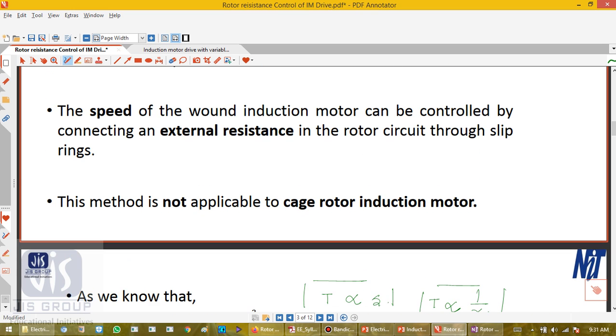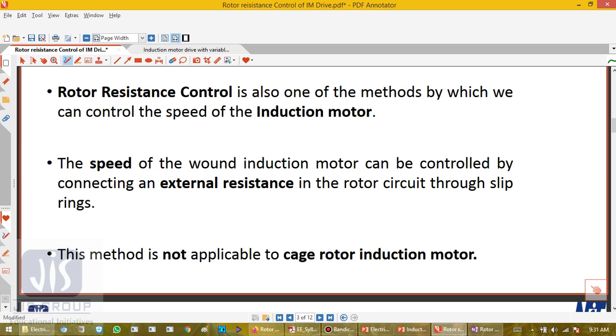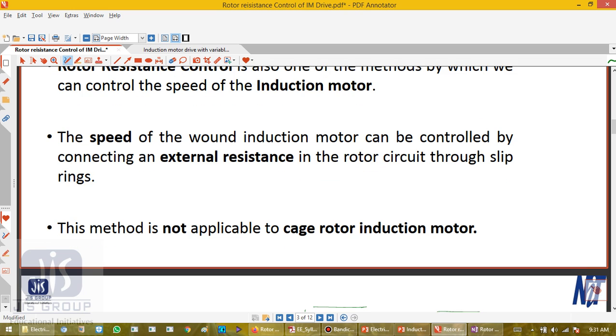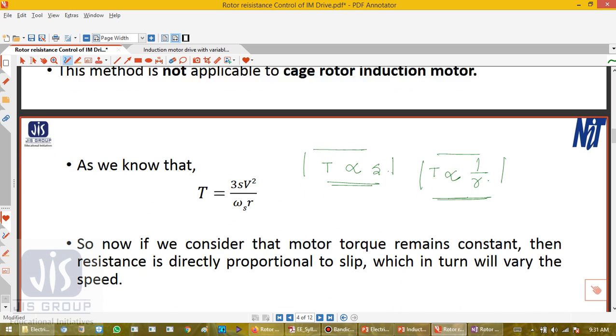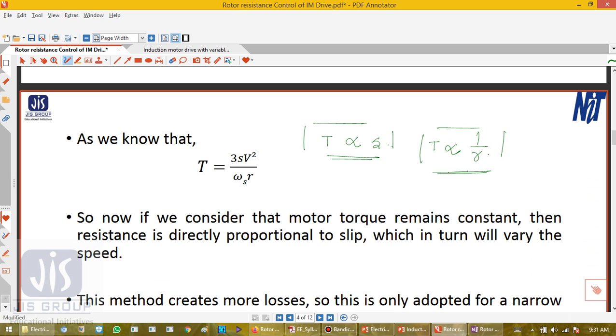So if we consider that the motor torque is constant, then the resistance is directly proportional to slip.